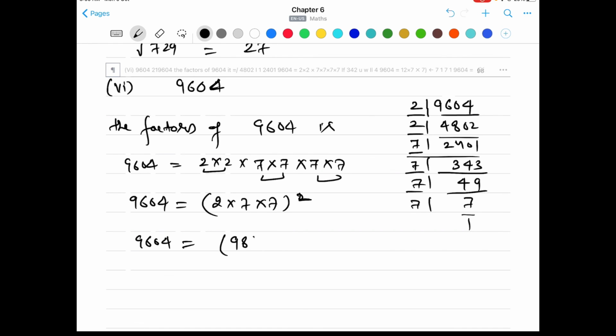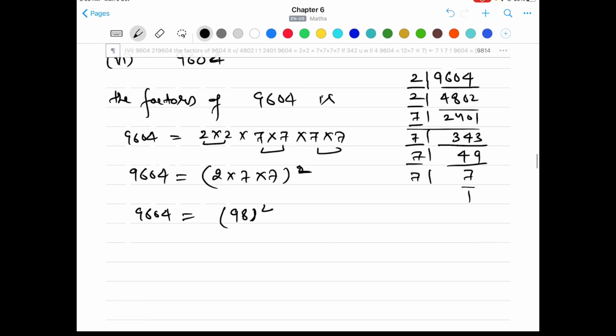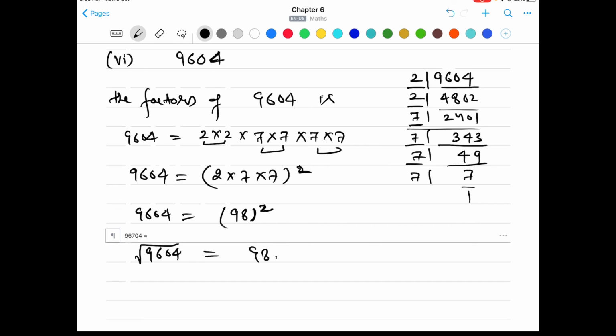So that is 98 square, and when you move this square power to this side, it will become square root, so square root of 9604 equals 98. That's the answer.